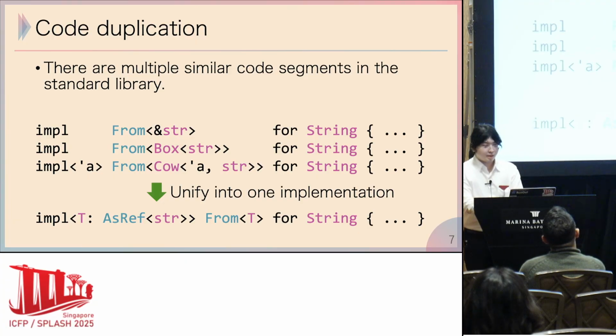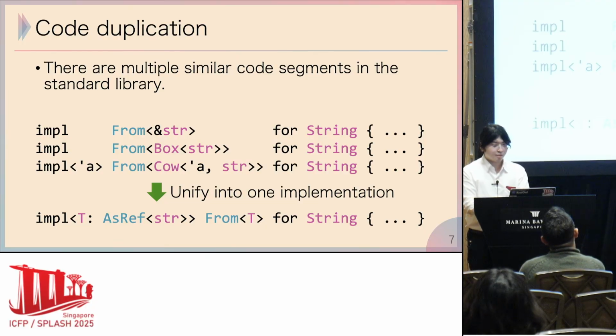We found that there are multiple similar code segments in the standard library. For example, there is a From trait, which is used to implement type conversions. There are many From trait implementations for types that can be borrowed as the primitive string type. str is the primitive string type, and Box<str> is a primitive string allocated on the heap.